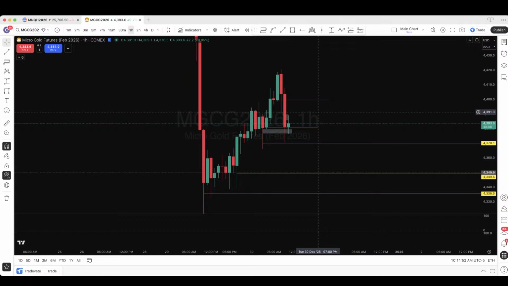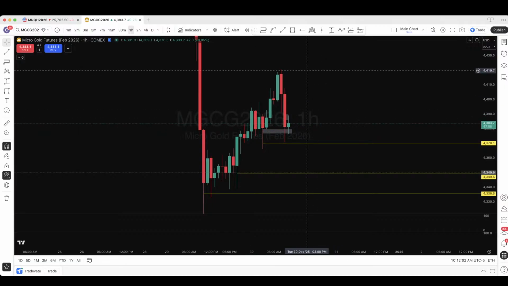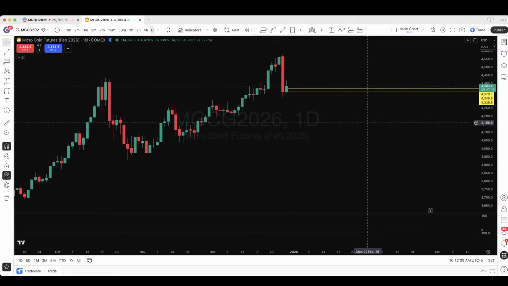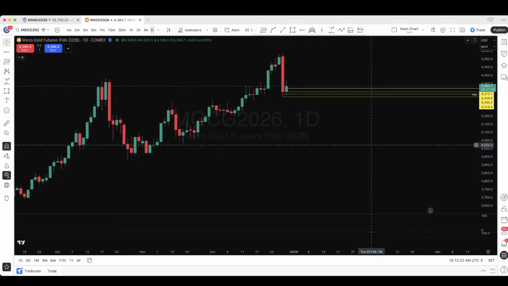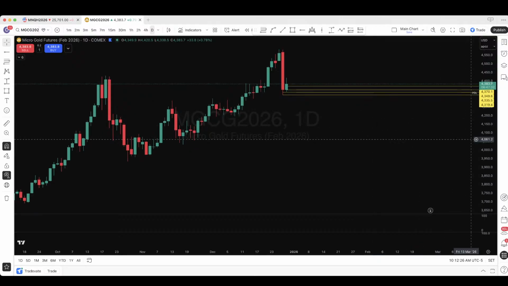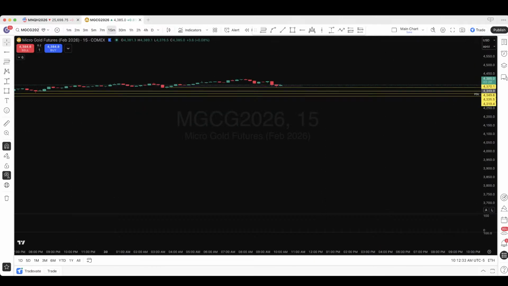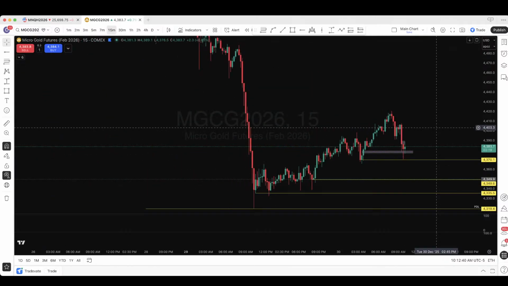Wick test there on the 1 hour. This daily looks like it wants to go. I'm gonna keep it bearish. Bearish bias on this.